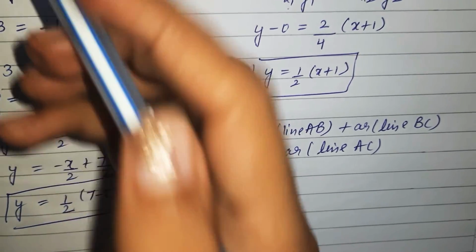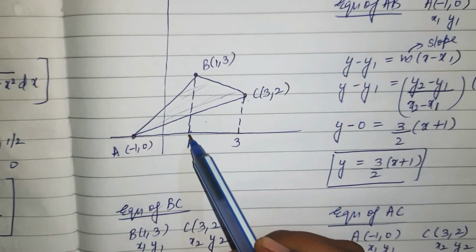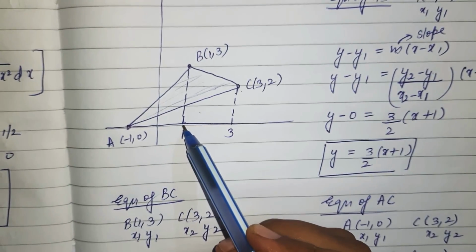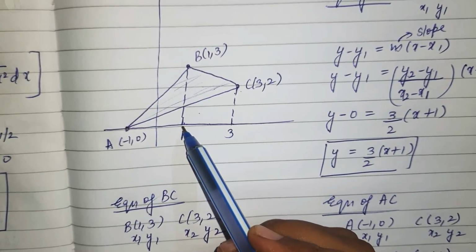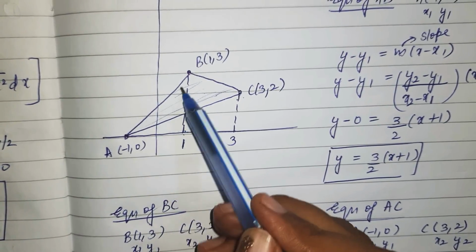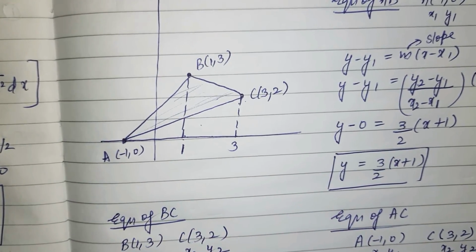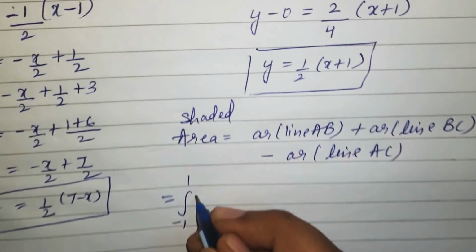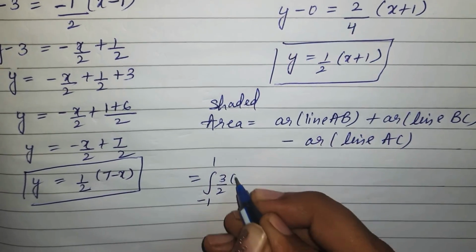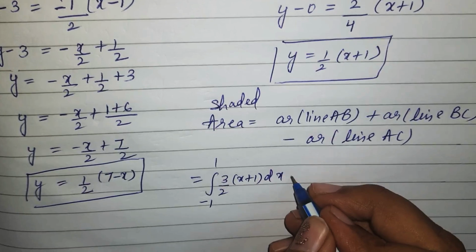So the limit is minus 1 to 1. If you take minus 1 to 1, you will get this line. So the final answer is the integral from minus 1 to 1 of 3 by 2 into x plus 1 dx. You can take 3 by 2 out in the next step.